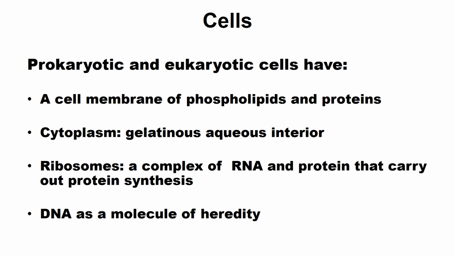They also have ribosomes. These are the organelles that are important for making proteins. Even though they both have ribosomes, the size of these ribosomes is actually different between prokaryotic cells and eukaryotic cells. And that is extremely important, and we'll talk about this later. And the last thing is that both prokaryotic cells and eukaryotic cells have genetic material. In this case, we're going to be talking about DNA.